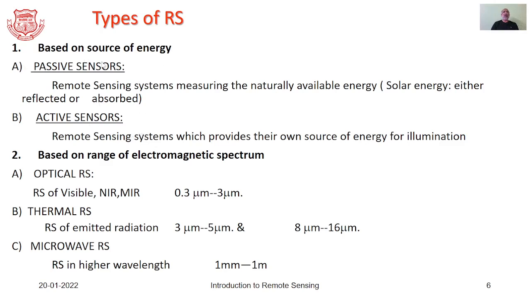The passive remote sensing system makes use of naturally available energy in the form of the sun by interpreting the reflections and the absorptions. Whereas active systems provide their own source of energy for the illumination of the objects under consideration.